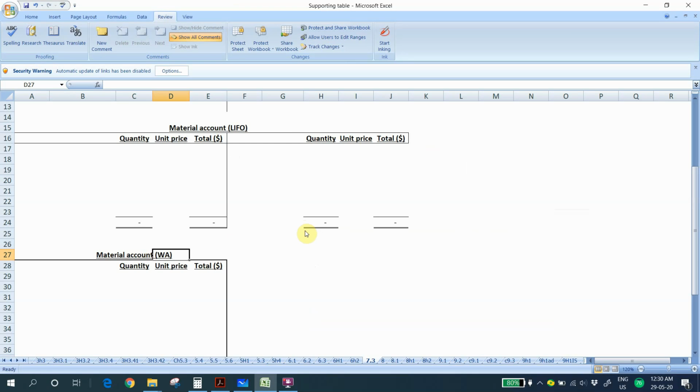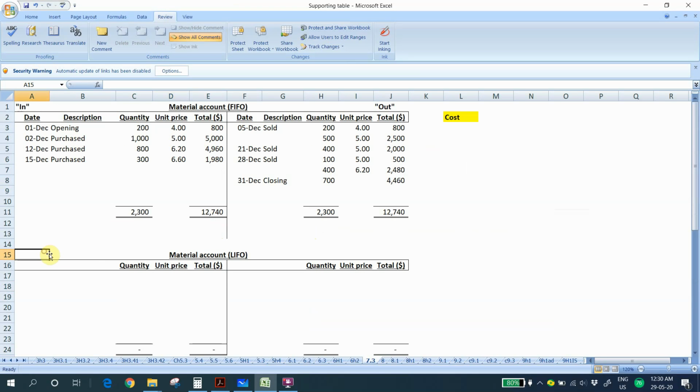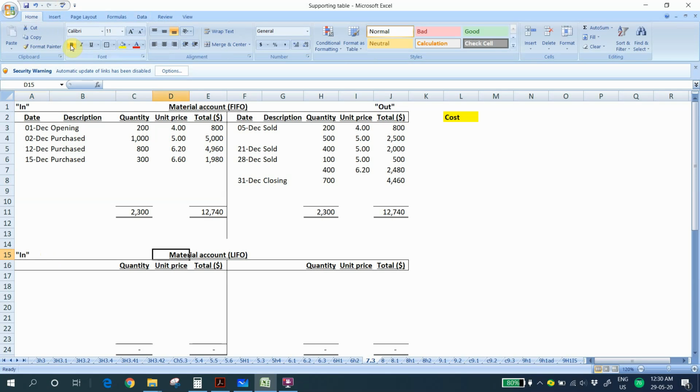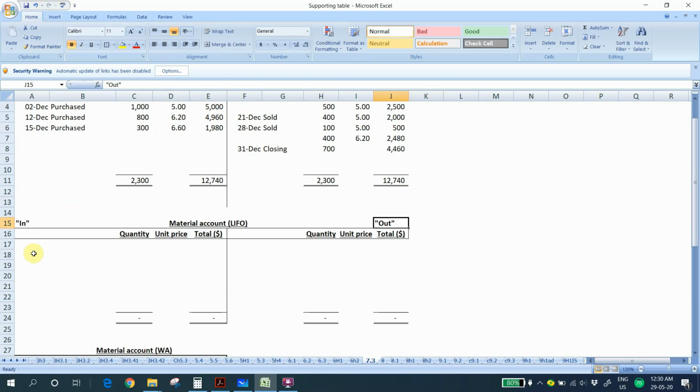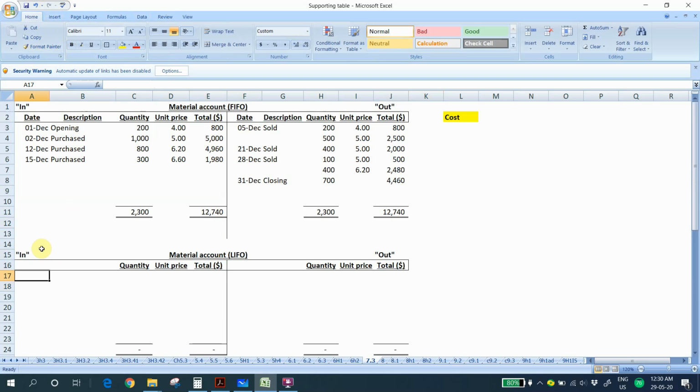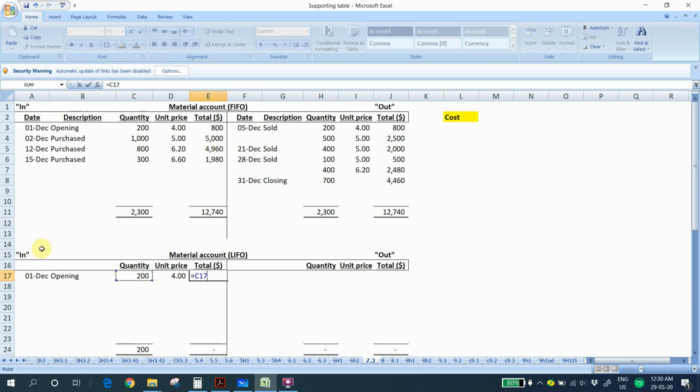And similarly, for last in first out, the left hand side is in, the right hand side is out, and we start from the opening. The opening is from 1st of December, 200 units and $4 each, so the total value is 800.